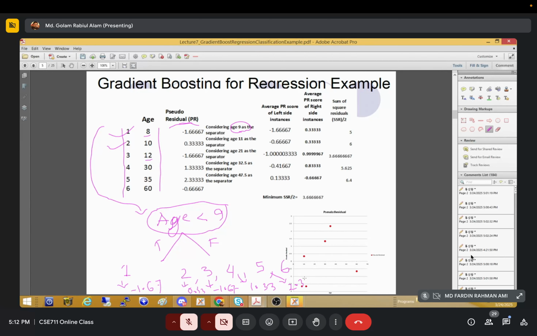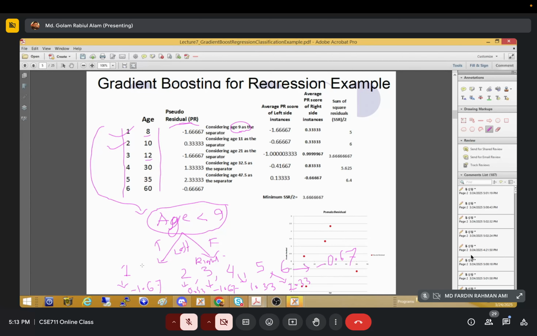Okay, now what we have to do is find out the average of our true side instances and false side instances. This is the left side of the tree, and this is the right side of the tree.